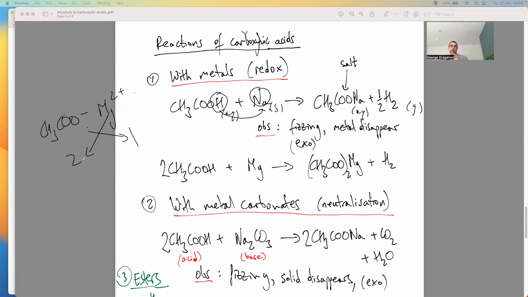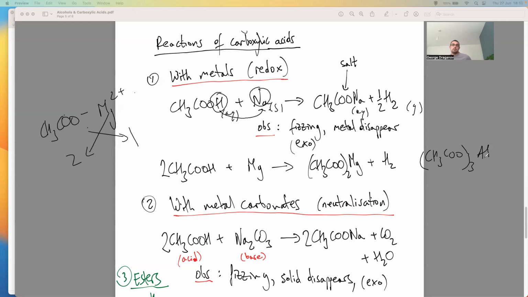So to make it a neutral compound, you need to have 2 of these -1s to balance the 2+. So that's why it becomes (CH3COO)2Mg plus H2. That's just the way it looks. If it was aluminium, it would be like this. That's even more unlikely, but it will be this.